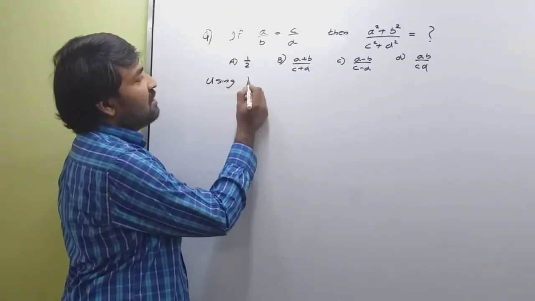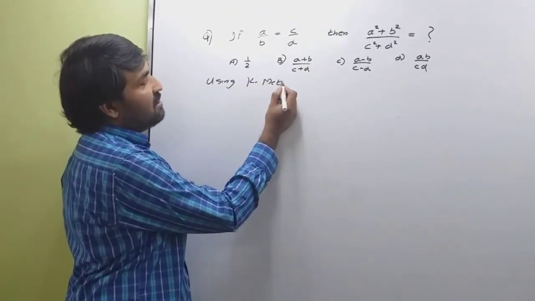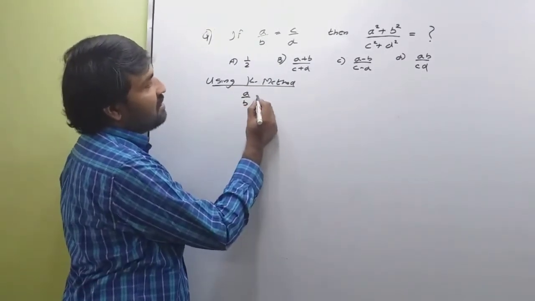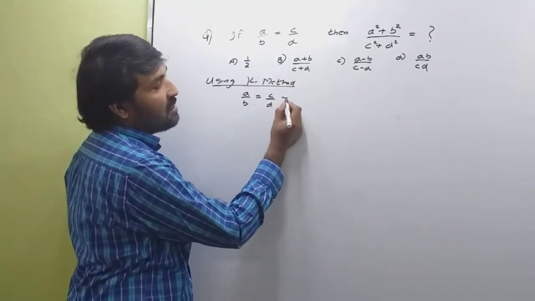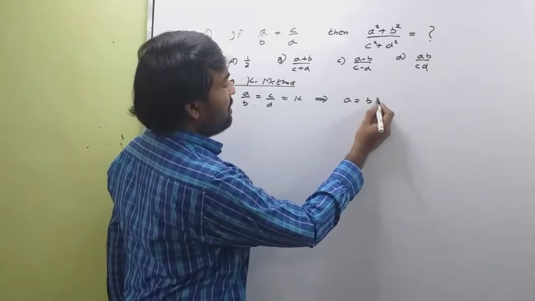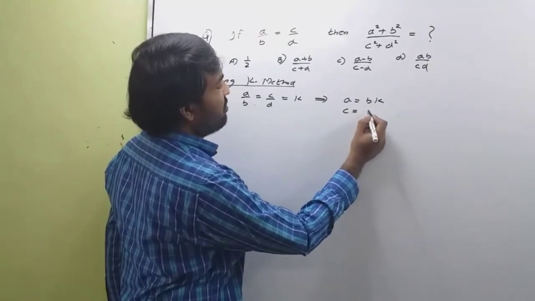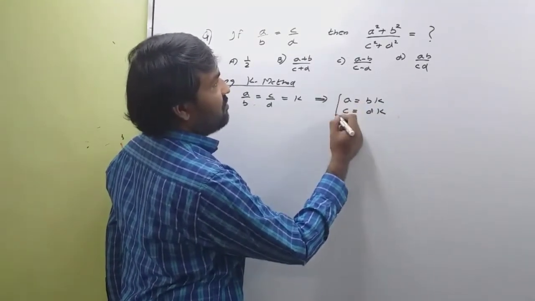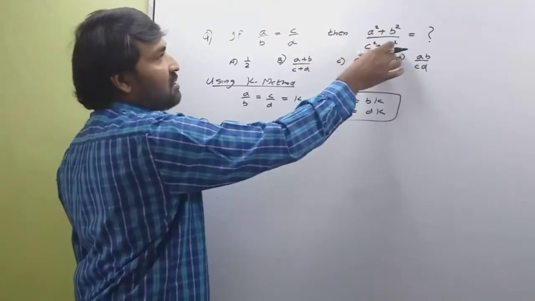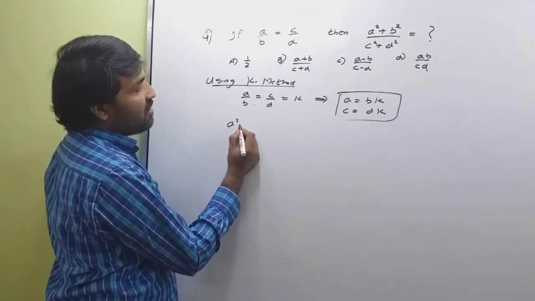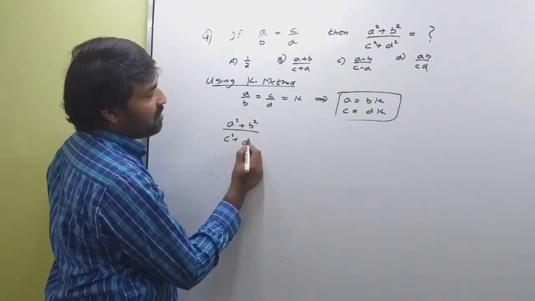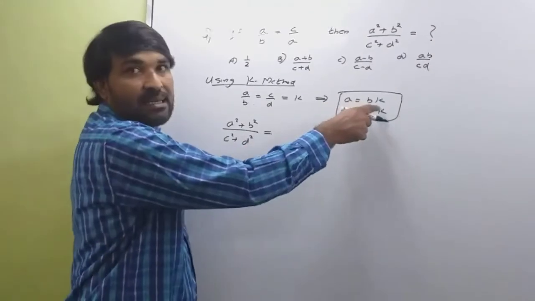Using K method, that is putting a by b is equal to c by d is equal to k. This implies a is equal to bk and c is equal to dk. Now we want to find this ratio, that is a square plus b square divided by c square plus d square, that is equal to, say a is equal to bk.